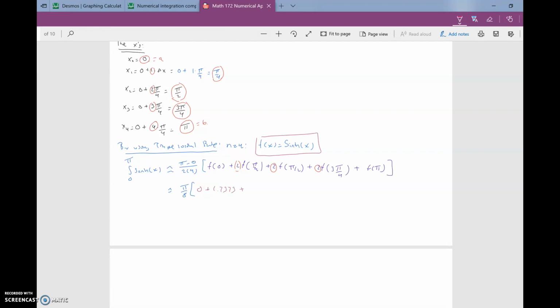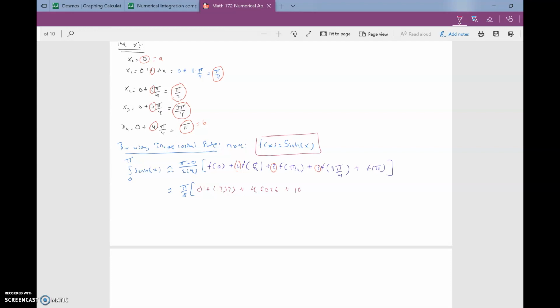Then the next one is going to be 2 times the sinh of pi over 2. And I'm getting this to be 4.6026 plus, and then 2 times the sinh of 3 pi over 4.